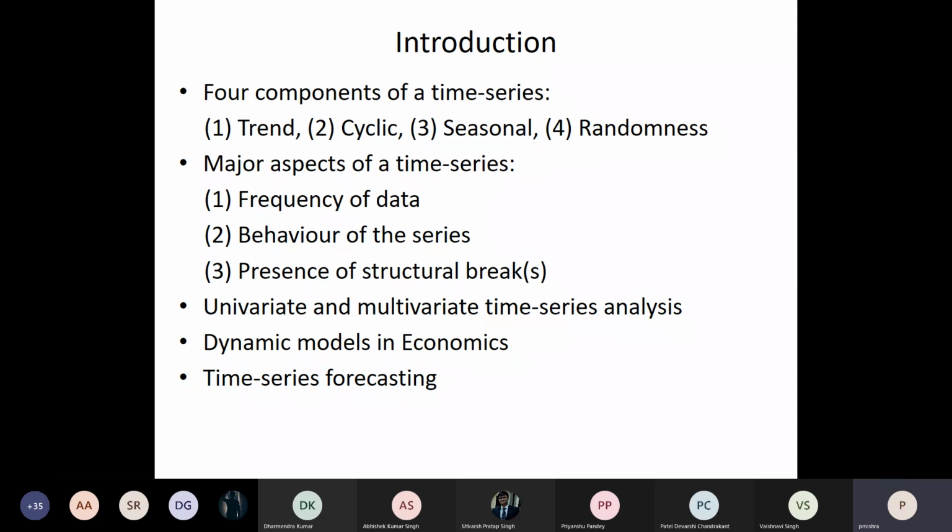Of course, this should be guided by the underlying theories, but specifying dynamic models is very common in economics, particularly when we are using time series data. And then time series forecasting. Basically using relationships over a period of time and forecasting for the future.